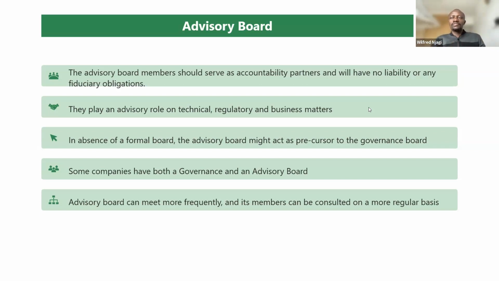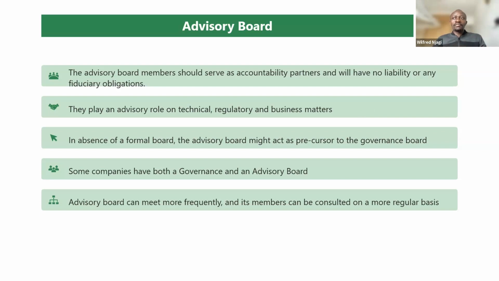Otherwise, there'll be a lot of conflict of interest. So you'd rather keep some separation between governance and your operations. But for an advisory member, since you're seeking them for advice, you can have them more and more often. You can have regular touch points, both formal and informal.